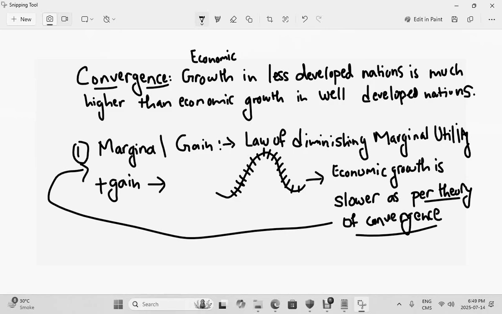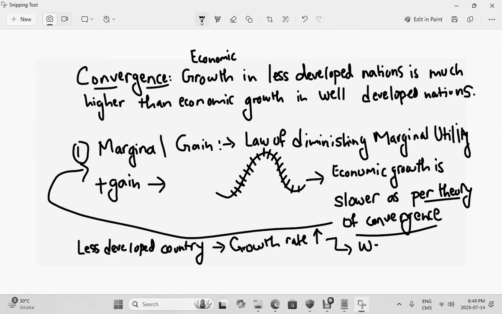So, for example, in a less developed country, the growth rate is much higher than in a well-developed nation.